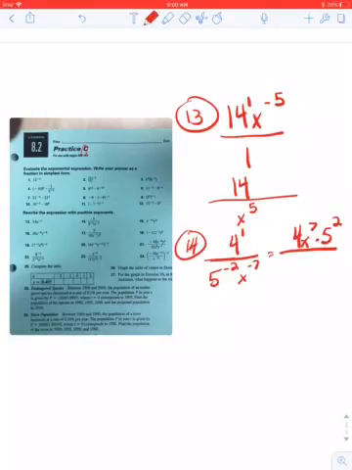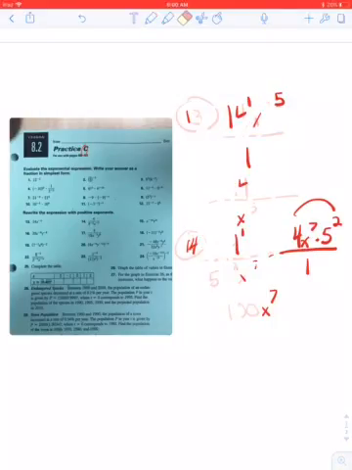And that is 5 squared. So now, this is all multiplication on the top. We have to go 4 times 5 squared. 5 squared is 25, and 25 times 4 is 100. So the answer is 100 x to the 7th power.